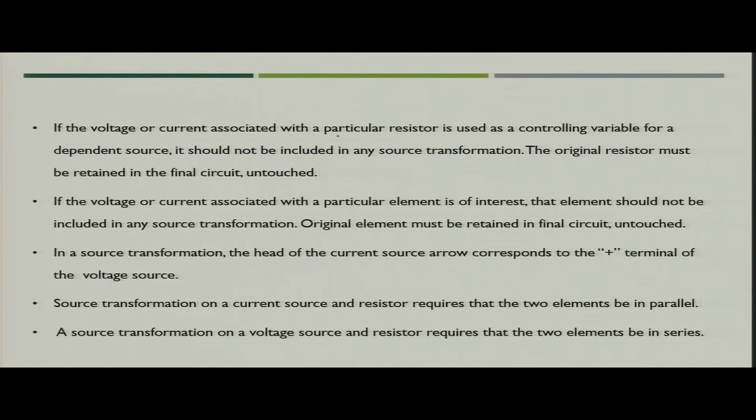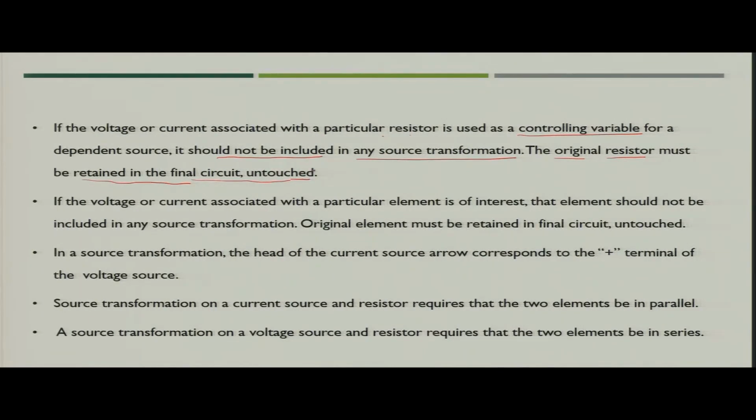Now if the voltage or current associated with a particular resistor is used as a controlling variable, then what will happen? In that case it should not be included in any source transformation. Your original resistor must be retained, so that in the final circuit, when we process the information related to voltage and current and try to find the variable value, the dependent source parameter is untouched.